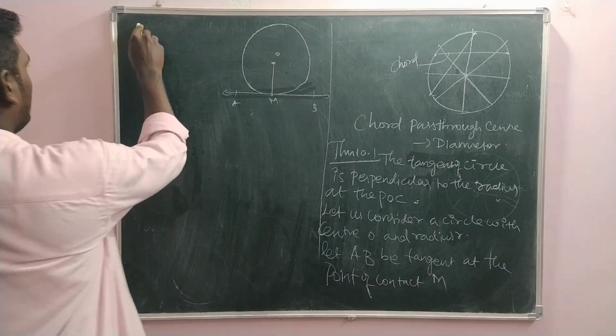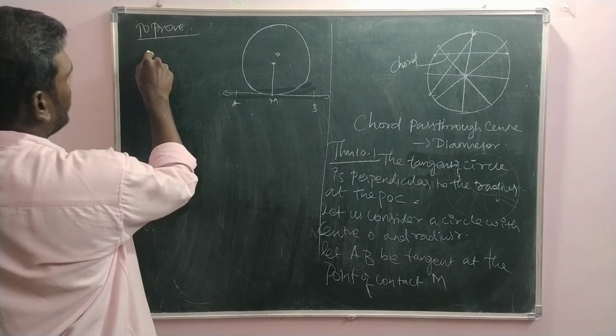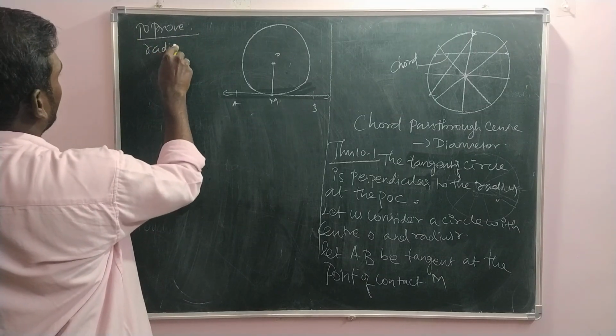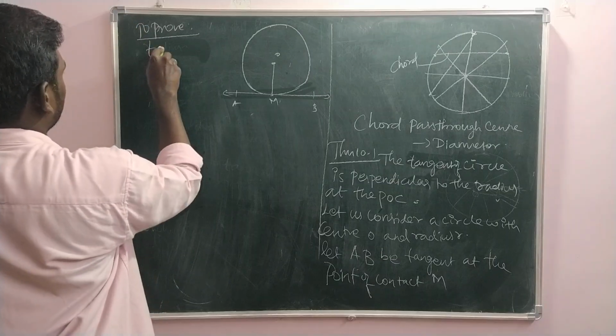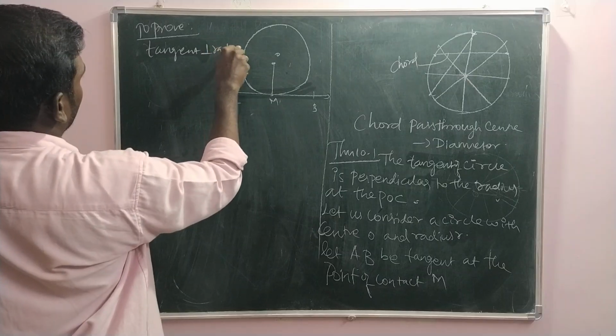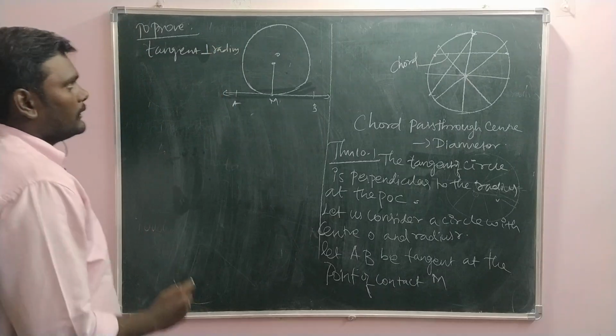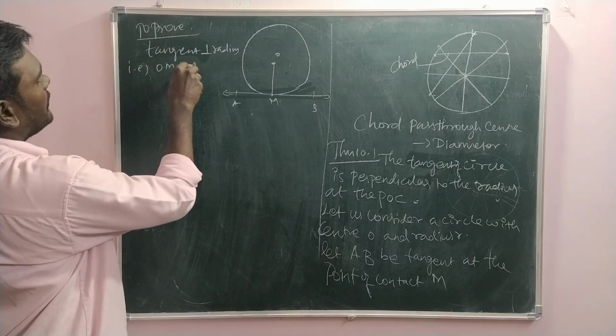We need to prove that the tangent is perpendicular to the radius. That means OM is perpendicular to AB.